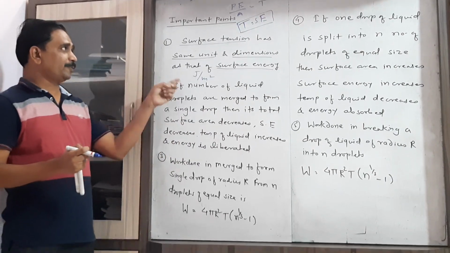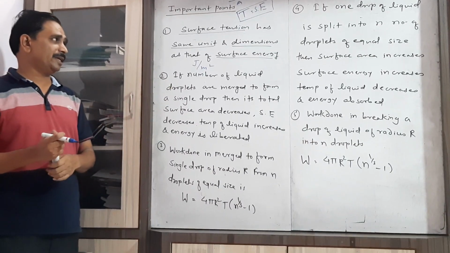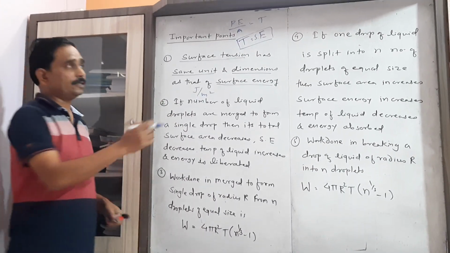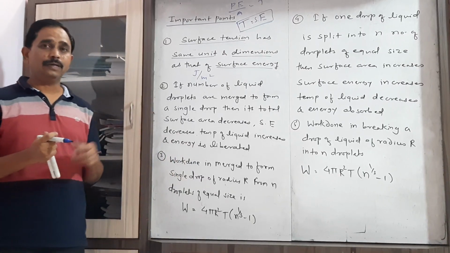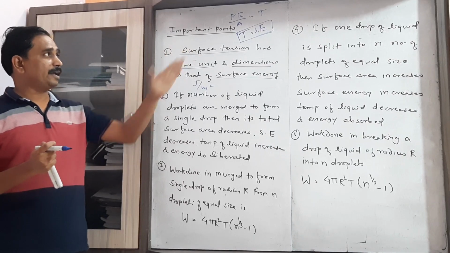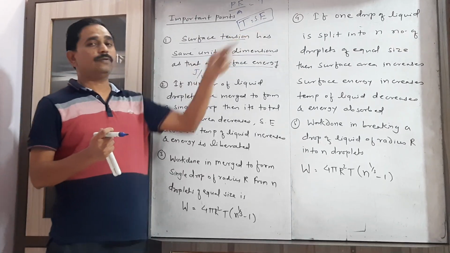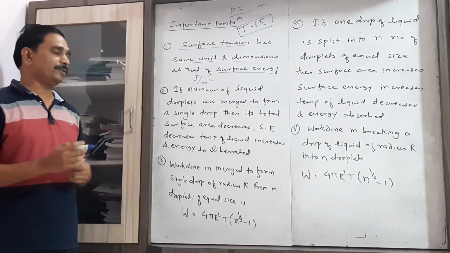Surface tension has the same unit and dimension as that of the surface energy because of this relation, T equal to S, where T is surface tension and S is surface energy. Surface tension equal to surface energy. Then the second point you have to consider.